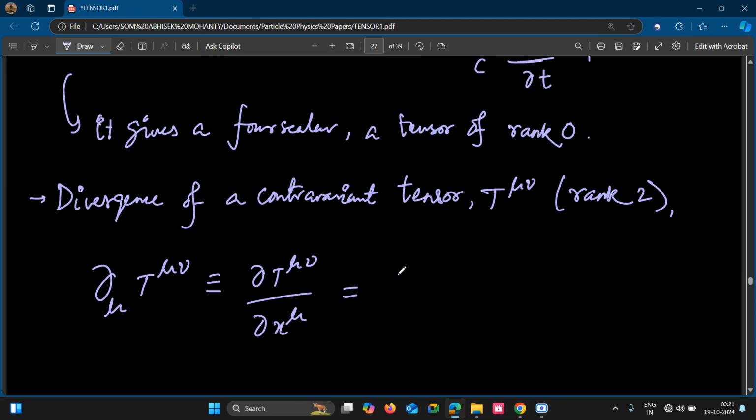That is equal to ∂T^0ν divided by ∂x^0 plus ∂T^iν divided by ∂x^i.